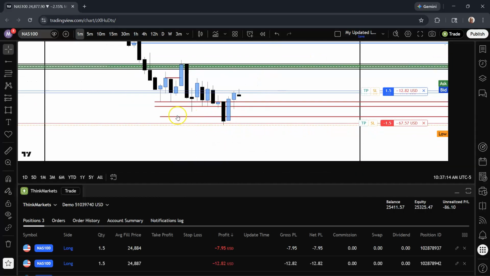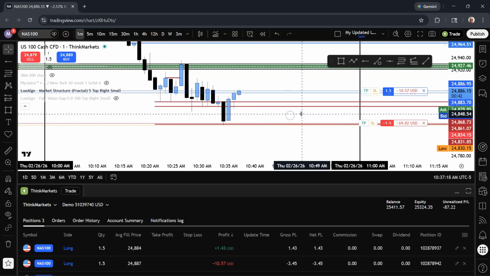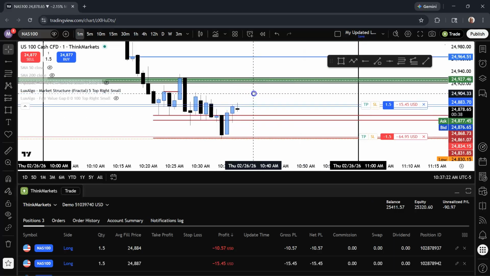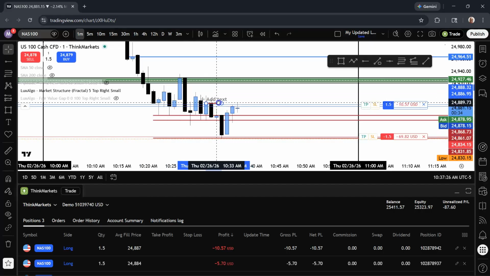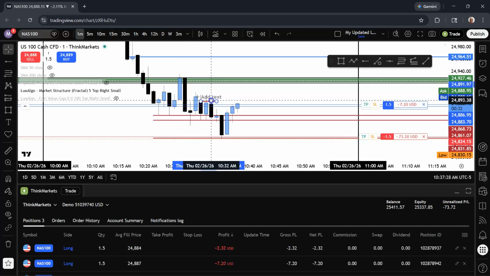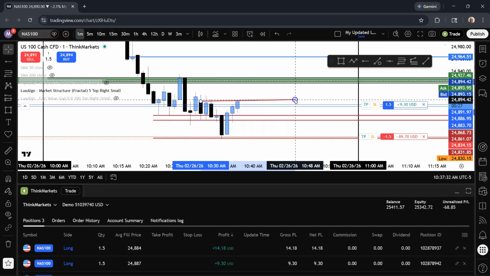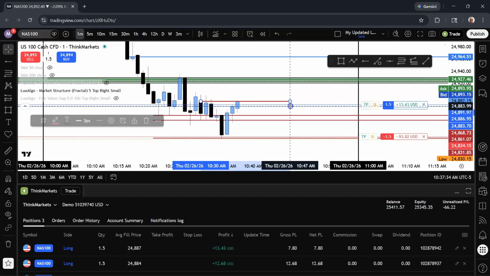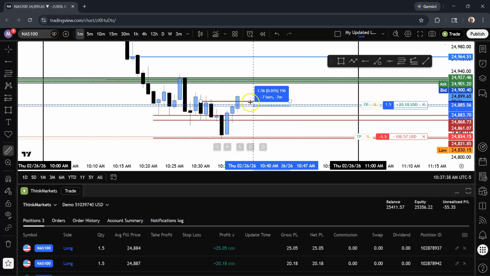So this could be a good thing. Because the reversal happens, market structure shift now will have to be over here. This is the market structure shift right here. Okay, that's the market structure shift.